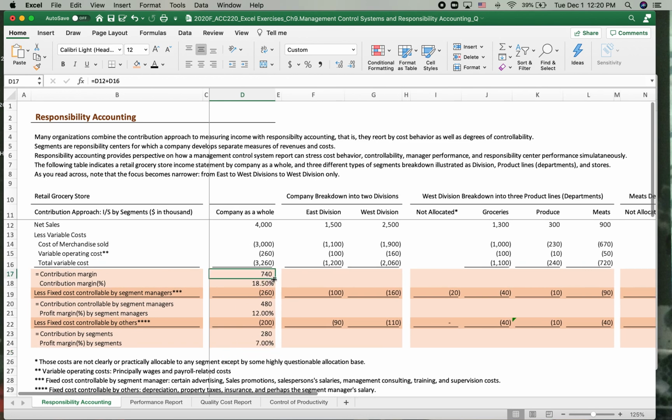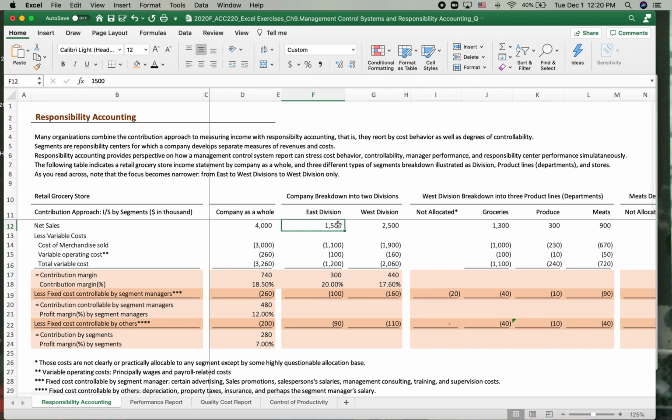So let me just drag to the right. And then, as you can see, we have a result of $300 in the East division and $440,000 in the West division.